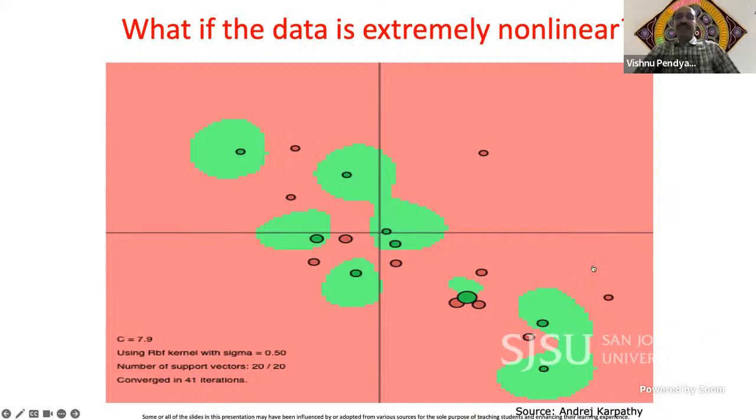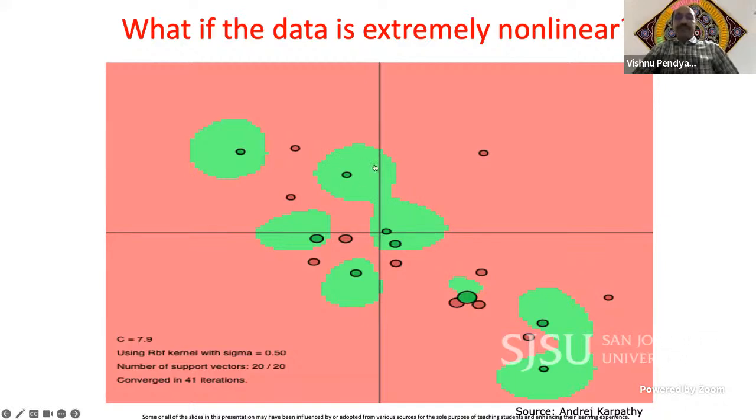So that's where our infinite dimensions things come. So that's where what is called as the RBF kernel comes into picture, radial basis function kernel. It's almost like, if you know k nearest neighbors algorithm, it's almost like k nearest neighbors algorithm. All points are support vectors in infinite dimensions. So essentially it will form circles. The decision boundaries are like circles like this, radial. Circle has a radius, so it's radial.